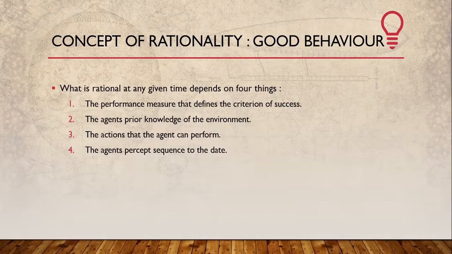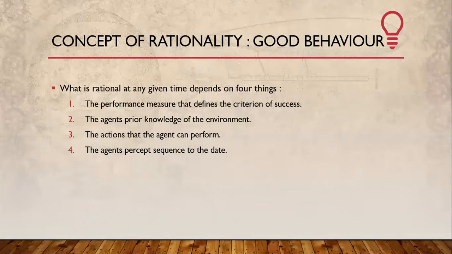Then yes, in that case we need to improvise on this agent, because it's not exactly behaving according to the concept of rationality. We will still call it an agent, but it's not up to the performance measure that we defined for the success of the agent.